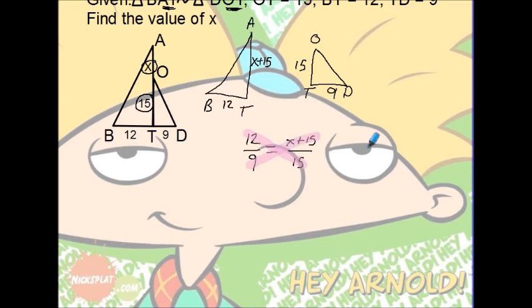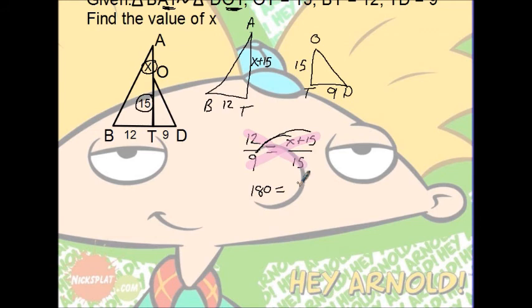If you didn't get it from this point on, why don't you press pause and see what happens. Alright, here we go. When we cross multiply 12 times 15, what's that going to give us? Hopefully we said 180. Now, when I multiply 9 times x plus 15, let's go ahead and distribute that out.